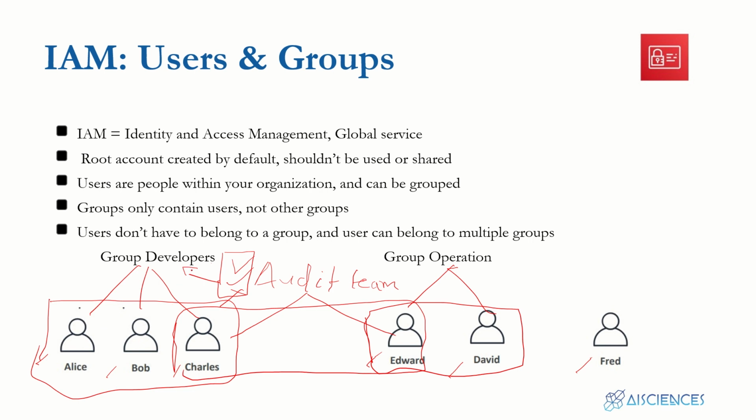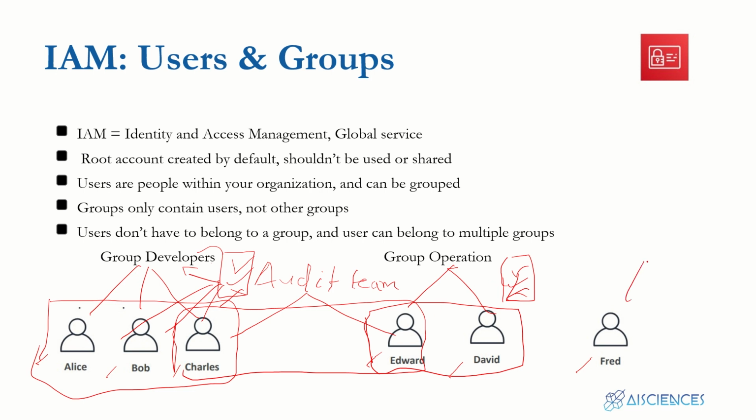If I associate the admin access permission with the group developers, this permission would also be associated with Charles, Bob, and Alice. The same is the case for the group operation. If I give it any permission, that permission will be associated with Edward and David as well.